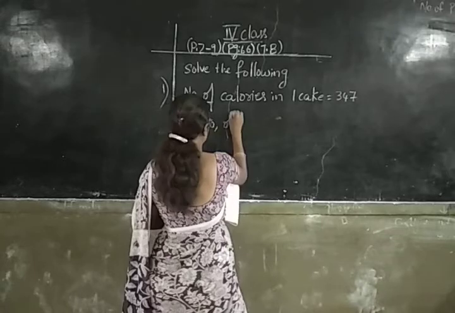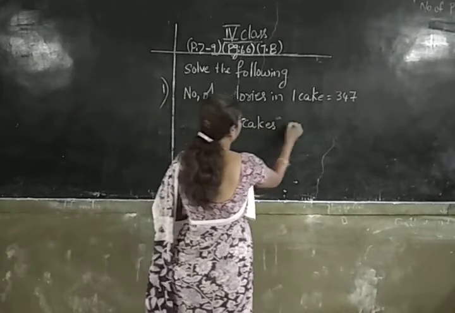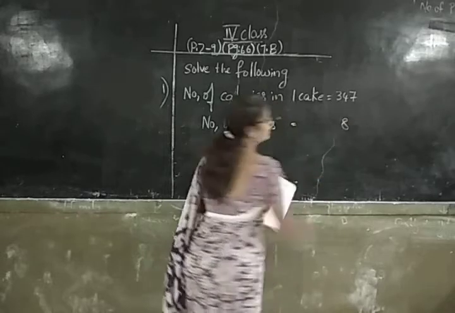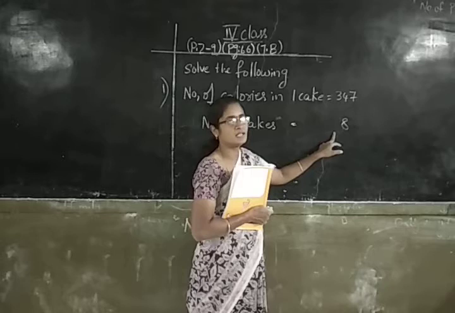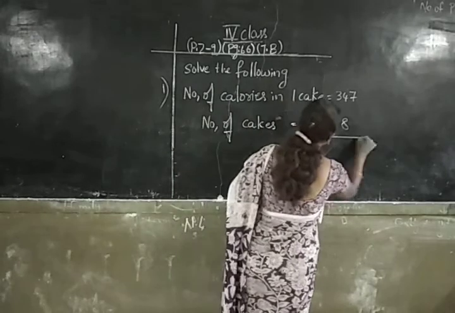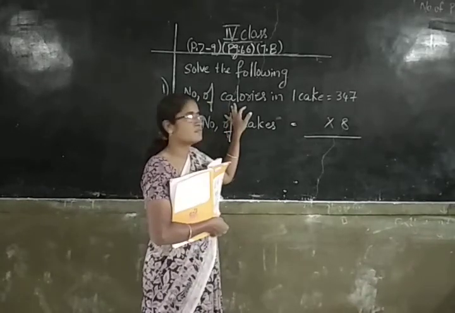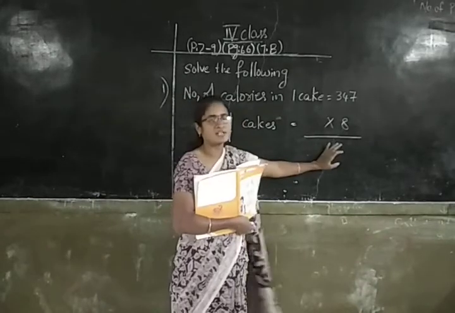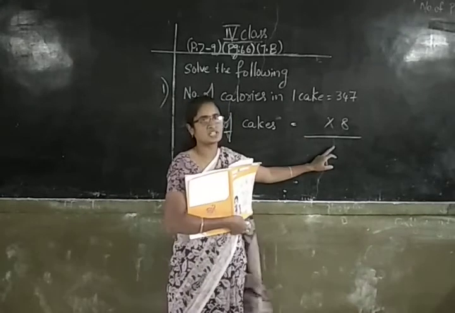Number of cakes: there are 8 cakes. We have to find out how many calories will be there in 8 cakes. So what we have to do? Here we have to use the operation multiplication, because the number of calories in one cake is given and we have to find the number of calories in 8 cakes.